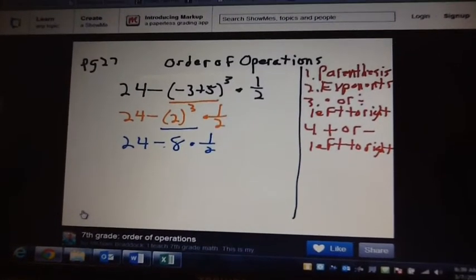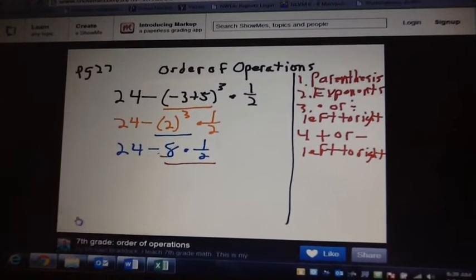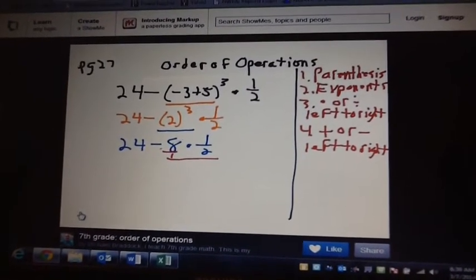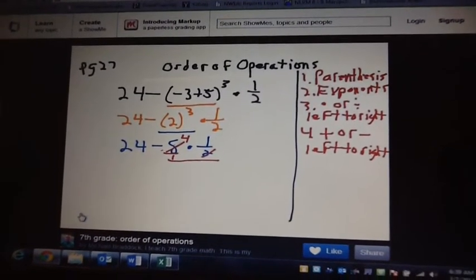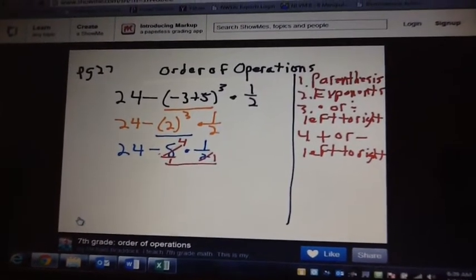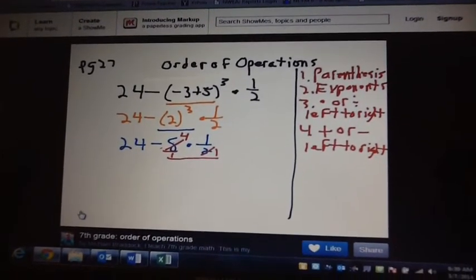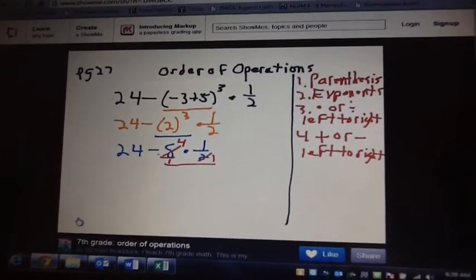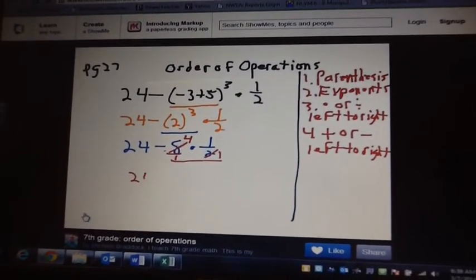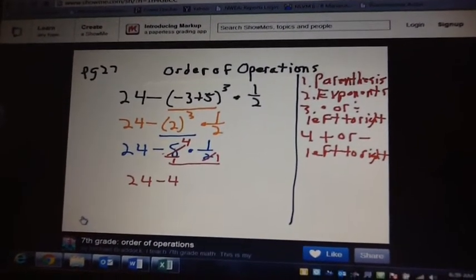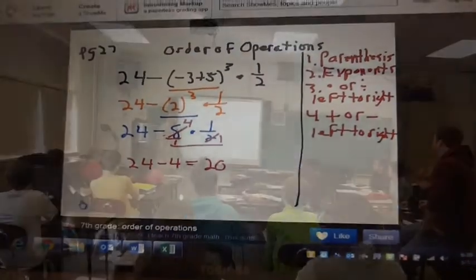I'm going to do the multiplication: 8 times 1/2. We can cross off the 8 to become a 4, dividing 8 and 2 both by 2. So I have 4 on top, 4 times 1 is 4, and at the bottom 1 times 1 is 1. So 4 over 1 is 4. I end up with 24 minus 4, which is my last step, which is 20.